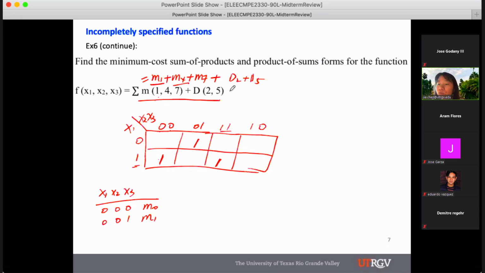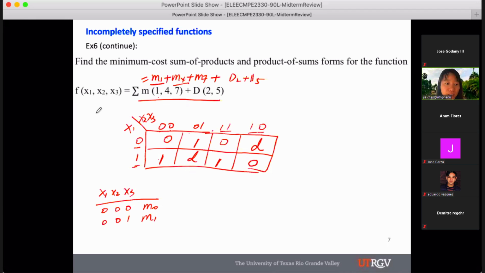Now we have 2 don't cares. 2 means 0, 1, 0, which is here, so you put a D here. Now 5 is 1, 0, 1, which is here. You don't care. Then the rest is 0. Okay, now that's your K-map.